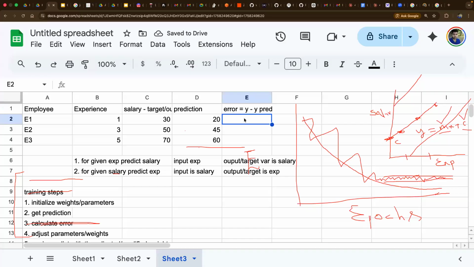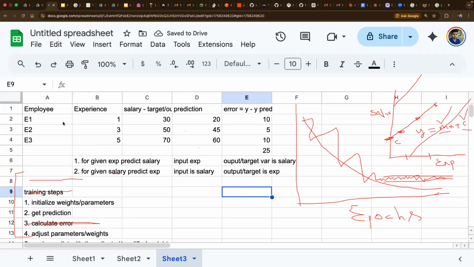So we will consider the same thing. So it is 30 minus 20, that is 10. And 50 minus 45, it is 5. And 70 minus 60, it is 10. So we calculate the total error here. So 10, 5, 10, that is 25. This is the total error.